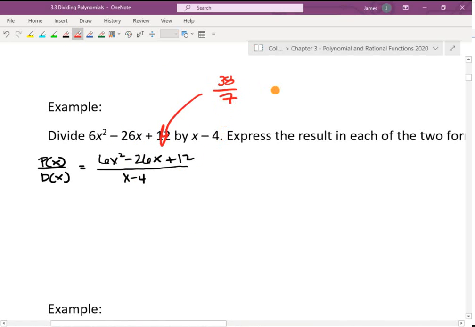But when things get more complex, we don't write it this way. We don't actually run through the algorithm this way. We run through the algorithm that way, don't we? So that's how I'm going to transform this into 6x squared minus 26x plus 12. And then we'll put x minus 4 out here.